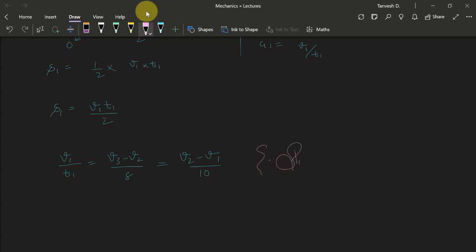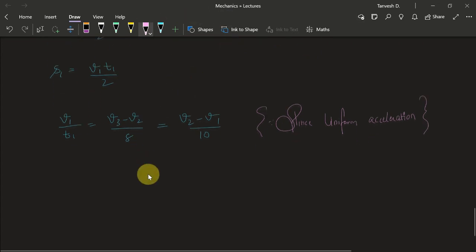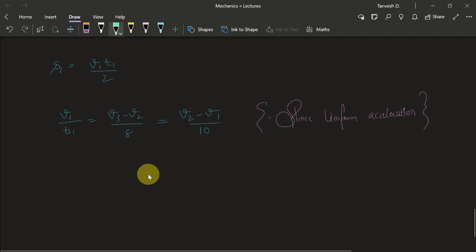Since uniform acceleration, so can we form an equation from here? Let us try. So we have v3 minus v2 by 8 and v2 minus v1 by 10. We can say 10 times v3 minus 10 times v2 is equal to 8 times v2 minus 8 times v1.